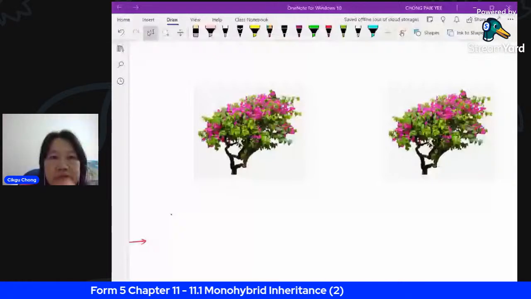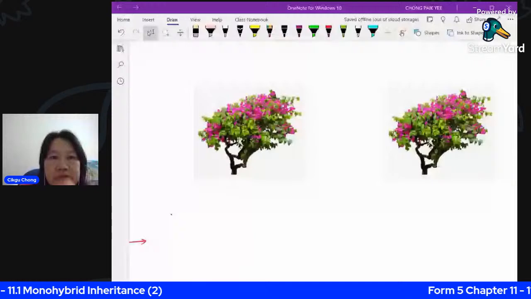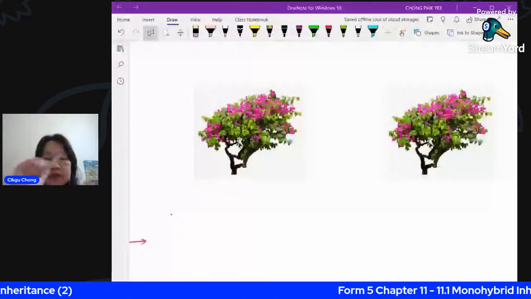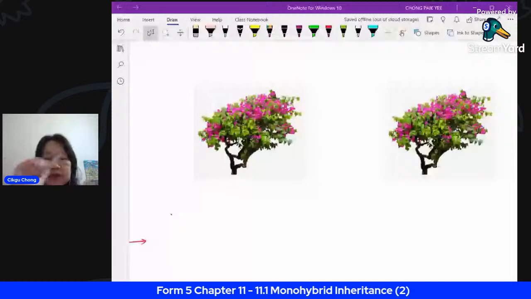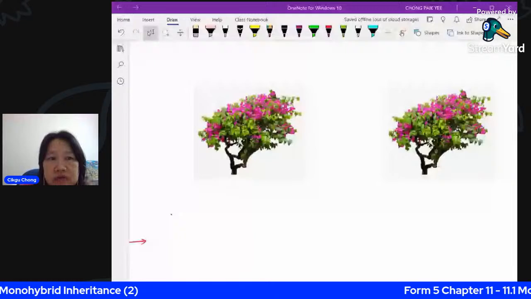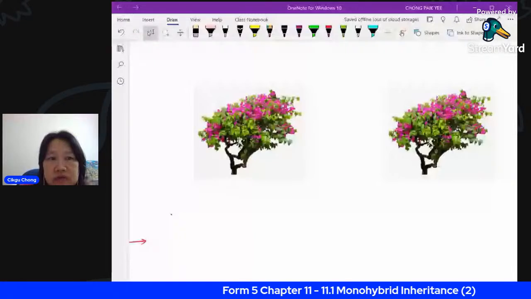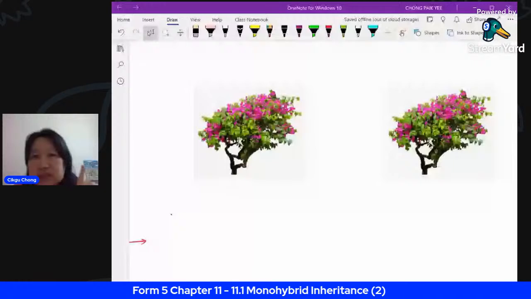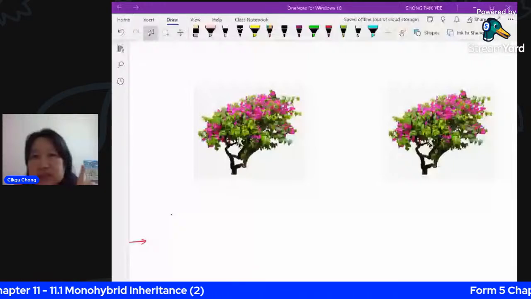Now, if it's considered self-pollination, there are 2 ways to have self-pollination. Let's say I'm drawing a flower here. I'm drawing another one, X, this is Y. For it to be self-pollination, it can be like this. Number 1, first method: you take the pollen grain of flower X, it drops back onto the stigma of the same flower.